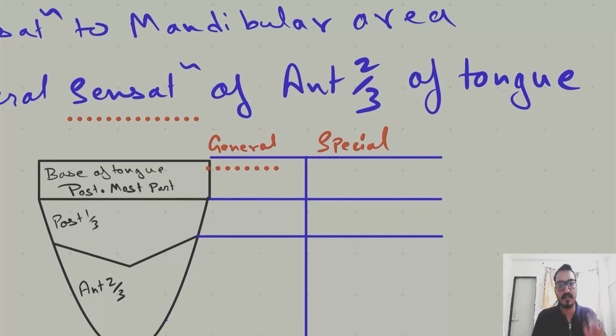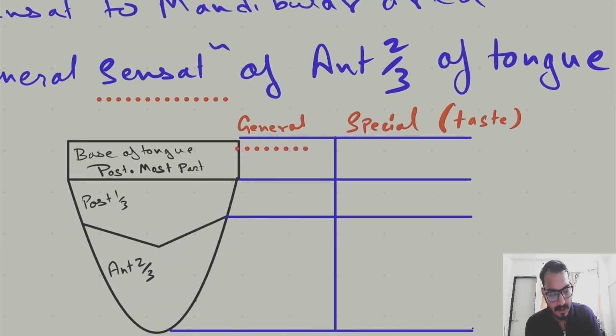The general sensation is every sensation except taste, like hot and cold.